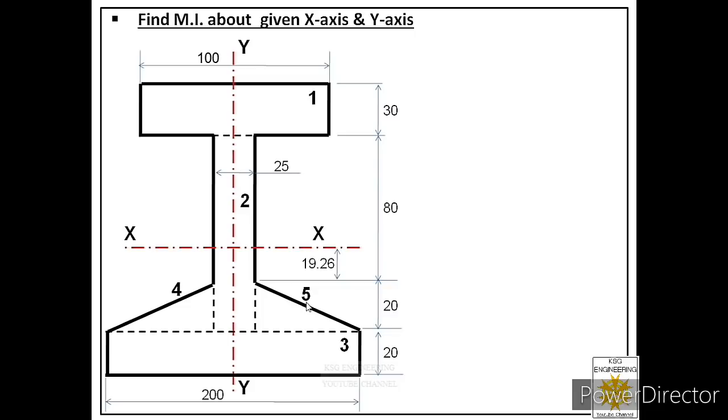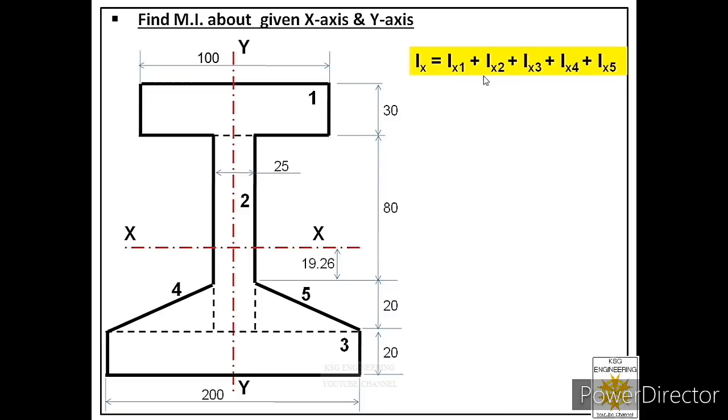It means if I want to find the moment of inertia of this whole composite area about, let us say, the x-axis first, then our equation will be Ix, that is the moment of inertia of this composite area about the main axis, is equal to Ix1 plus Ix2 plus Ix3 plus Ix4 plus Ix5.